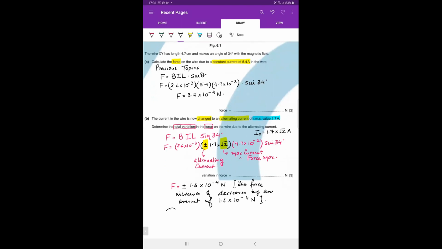If the question was asking us how much is going to be the total variation in the force, I am sure मैं ऐसे करके लिख सकता हूँ.